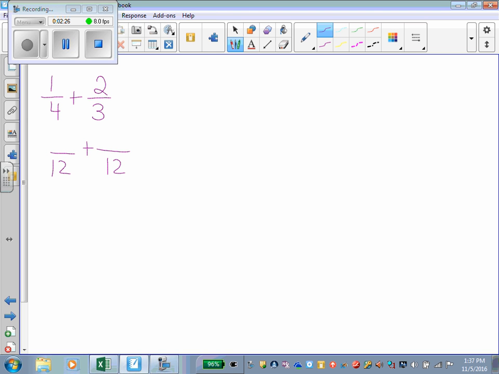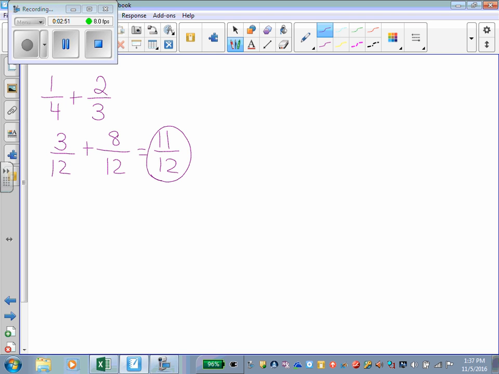And then you can cross multiply to find the numerator. So 4 times 2 is 8. 3 times 1 is 3. And 8 plus 3 is 11 twelfths. There is not a number that can go into both 11 and 12 evenly, so that is our answer.